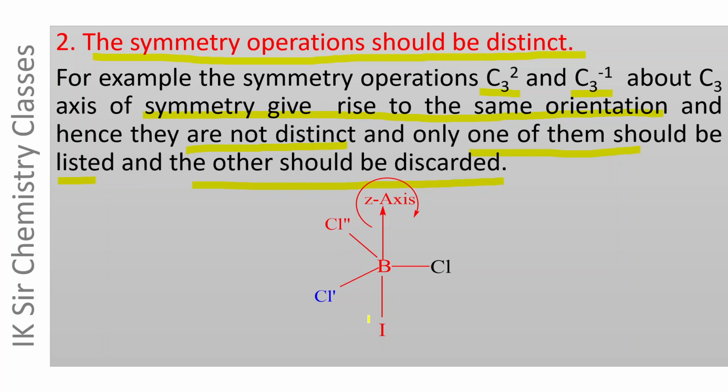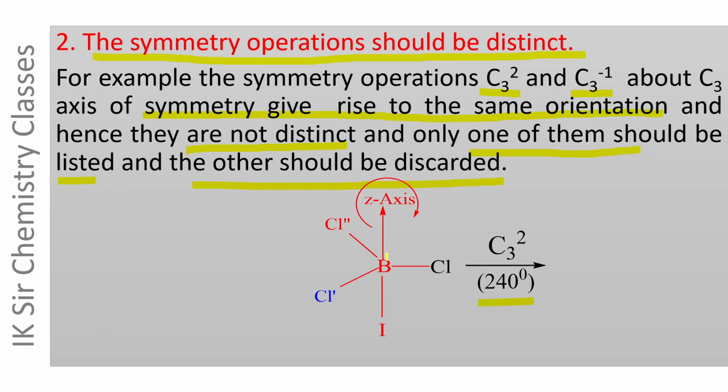Let us illustrate it with a diagram. It is a BCl3 molecule. This is the Z axis, which is the C3 axis of symmetry. C3² operation means rotation of the BCl3 molecule about the C3 axis of symmetry by 360 degrees by 3 into 2, that is 240 degrees.